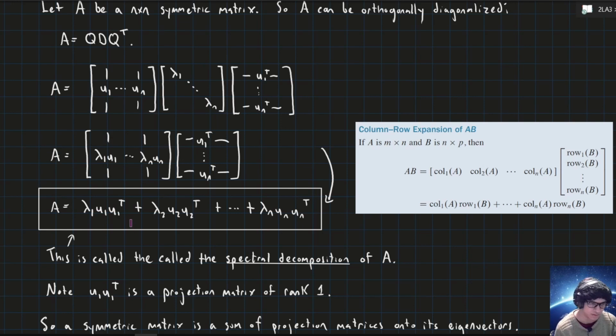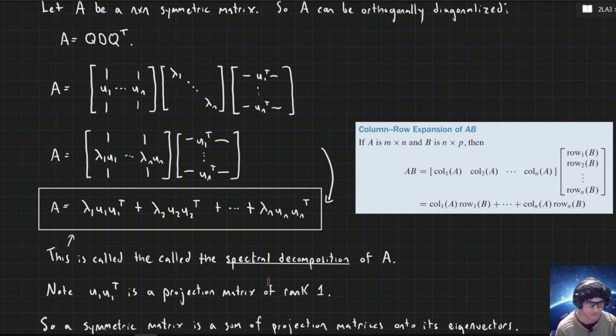So this is a projection matrix, an n by n projection matrix, that will be of rank 1. And that's what each of these are: projection matrices onto the eigenvectors.